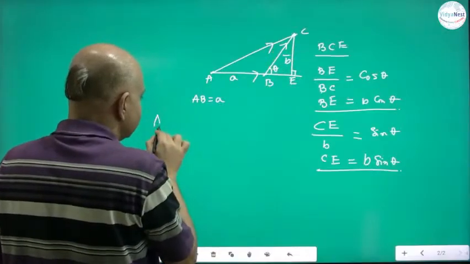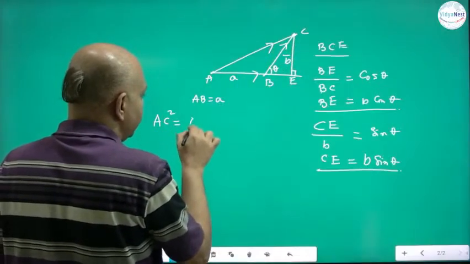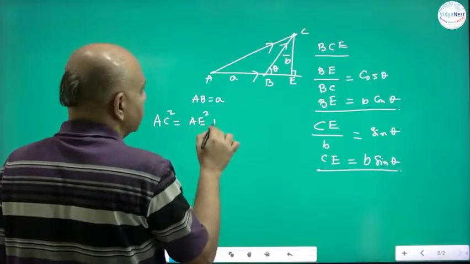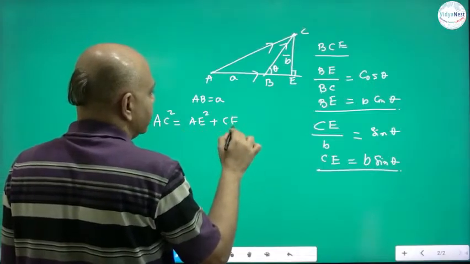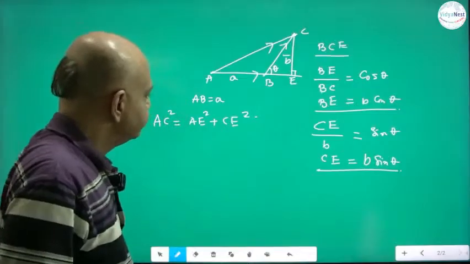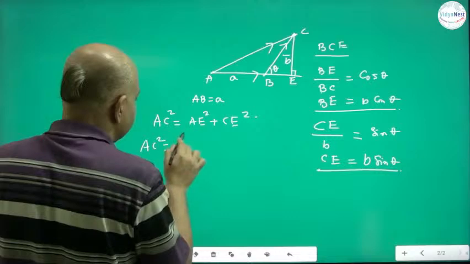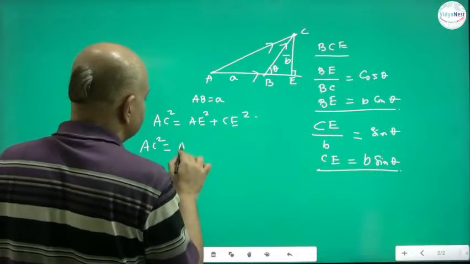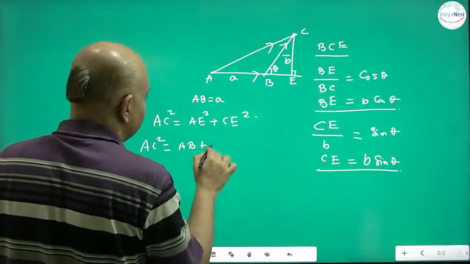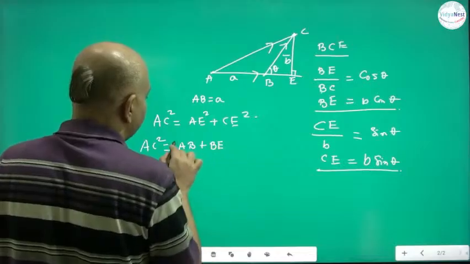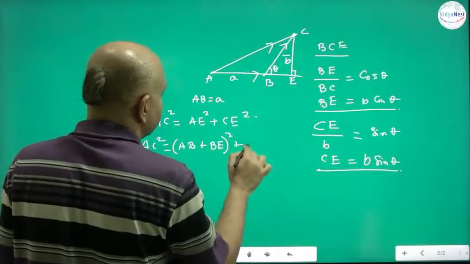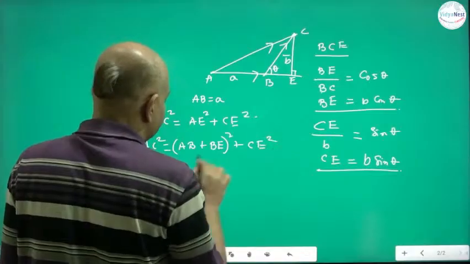So AC square is equal to AE square plus CE square, isn't it? So what is AE? AB plus BE, whole square, plus CE square.